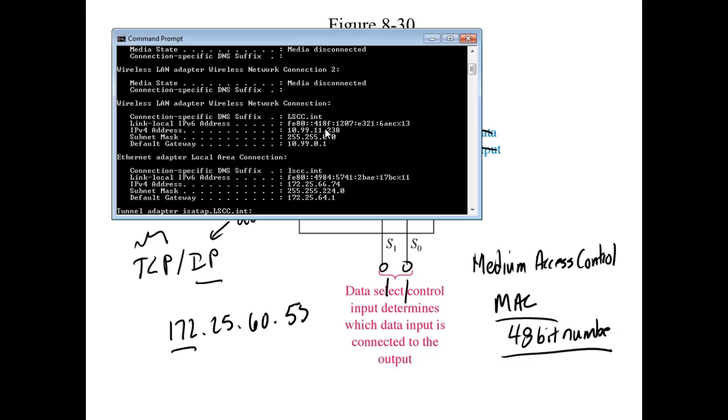The computer says, okay, this is this IP address. When I answer, I'm going to use this IP address. And then they answer that IP, and it comes back. TCP/IP is what they call it. And then it finally comes back to this guy, and this guy says, okay, this IP address belongs to what? To this MAC address, and that's how it gets to your computer. So that's the way this guy here did it.